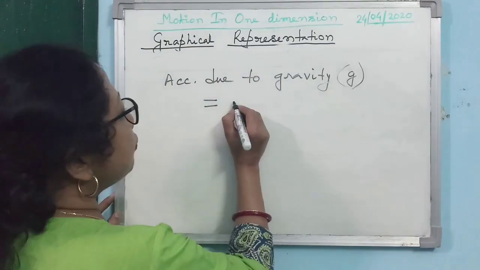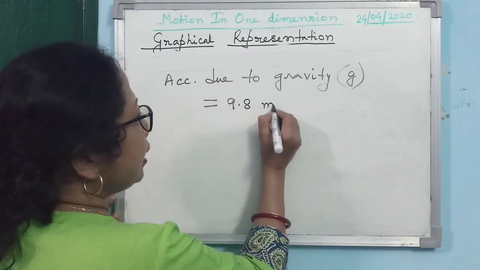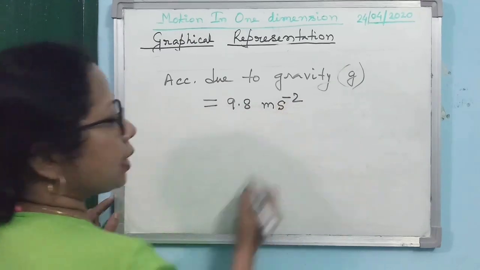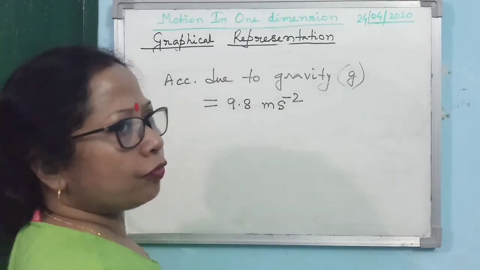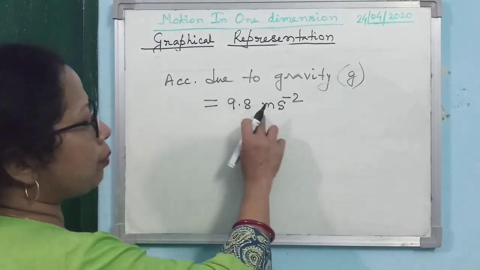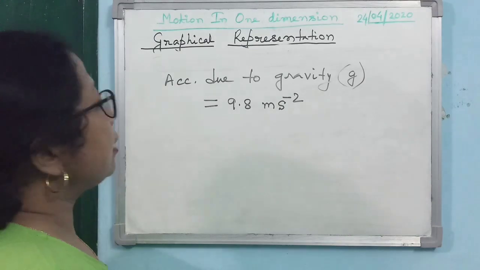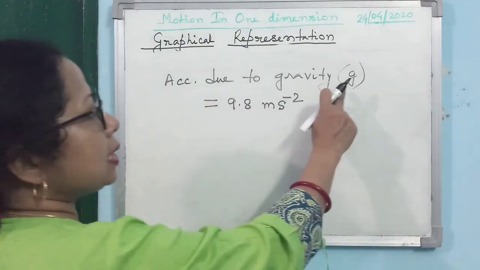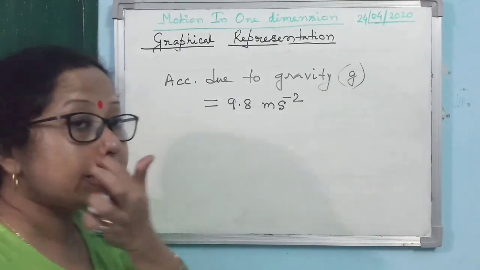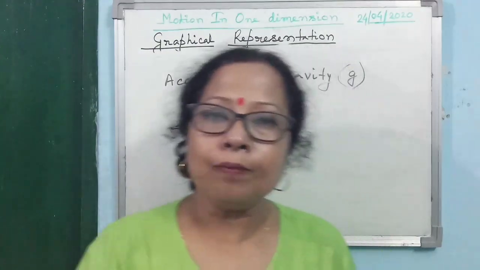Now what is the value of the acceleration due to gravity? It is 9.8 meter per second square. Sometimes for easy calculation, we can approximate 9.8 to 10 meter per second square. But remember that acceleration due to gravity changes with place. Clear?